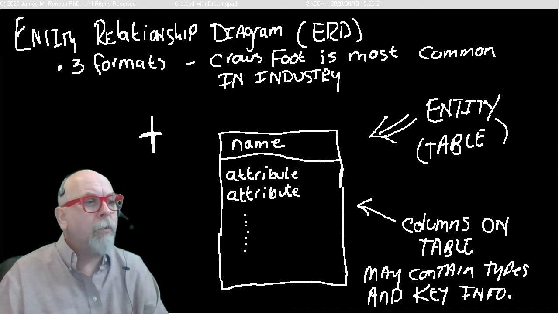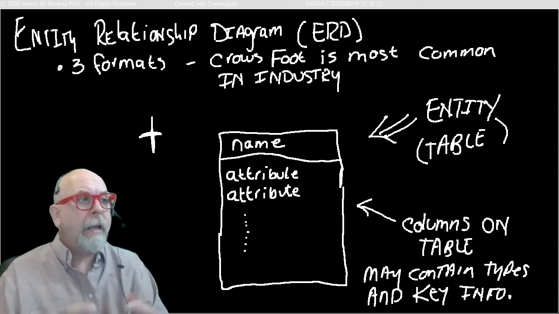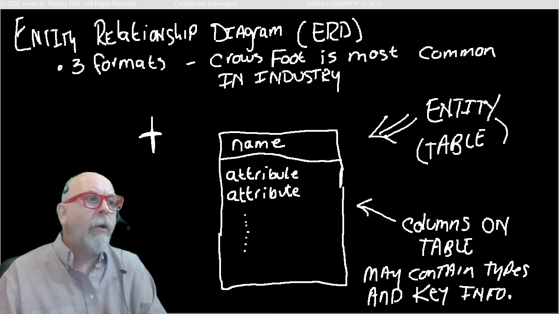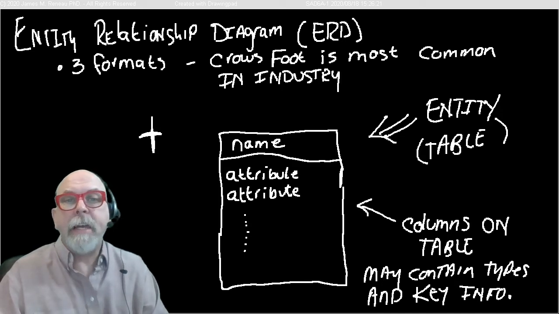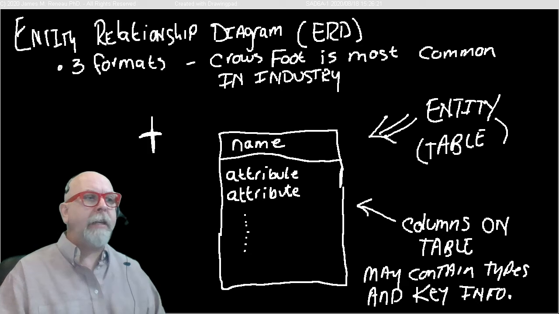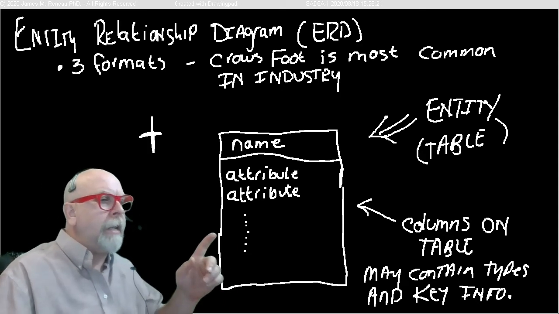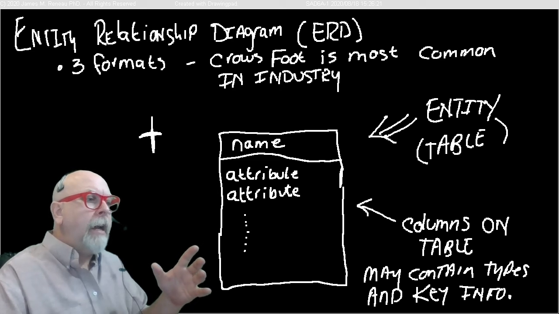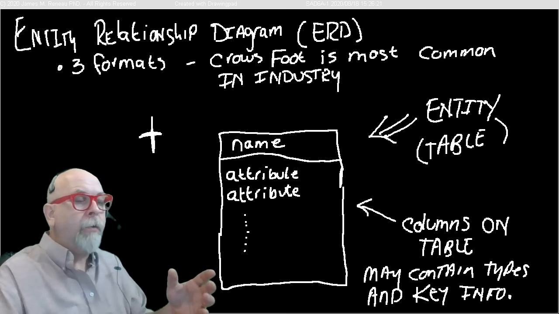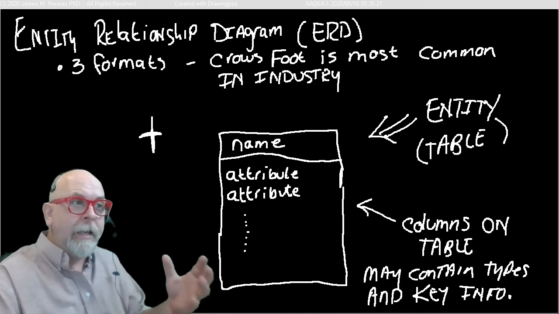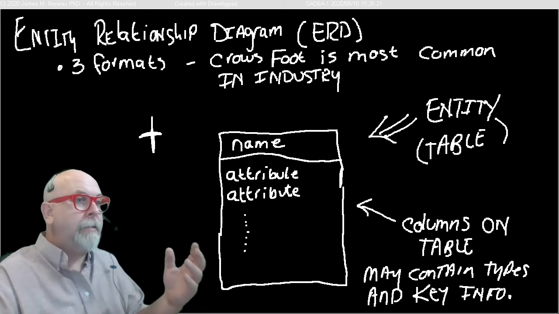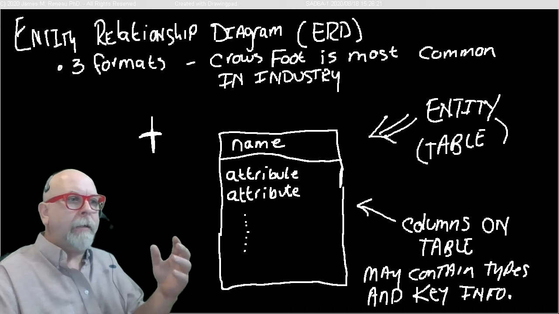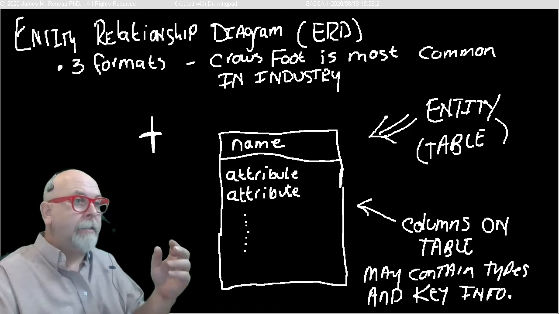So let's just start with a crow's foot diagram and the important shapes there. Really, there's only one important shape, the entity, and then there are crow's feet, or the connections between the entities. So let's talk about an entity. An entity represents a table, a noun, a something in the data: a customer, a course, an item, a sale, a transaction, a reading from a device.